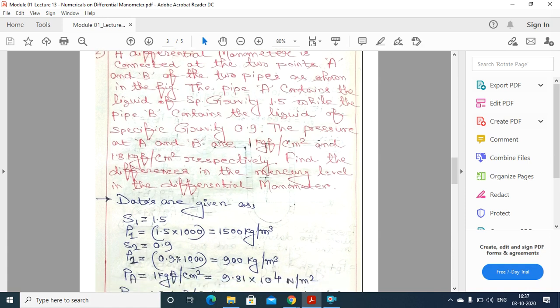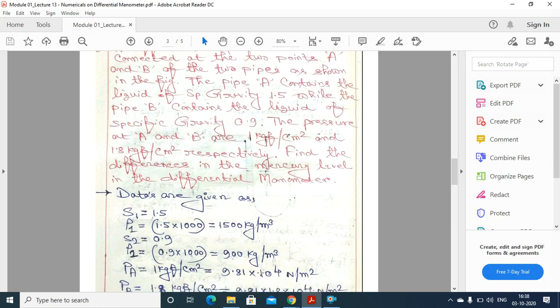So again we have to calculate the density of this liquid. Rho 2 is the density of the liquid contained in pipe B. So rho 2 is equal to 0.9 into 1000, so ultimately it will be 900 kg per meter cube. So rho 1 is 1500 kg per meter cube and rho 2 is 900 kg per meter cube.